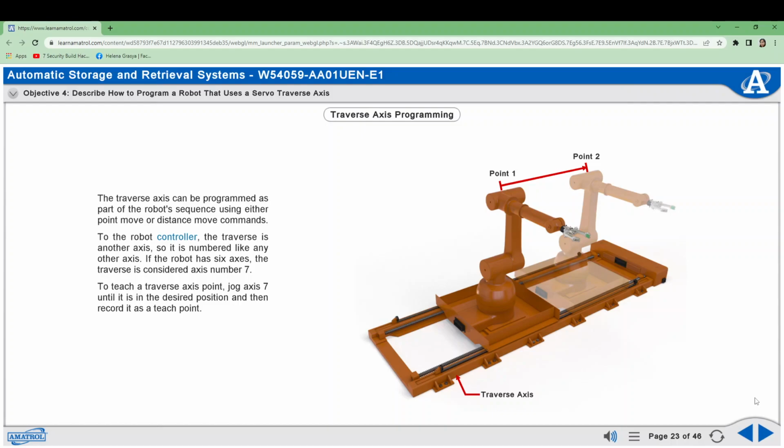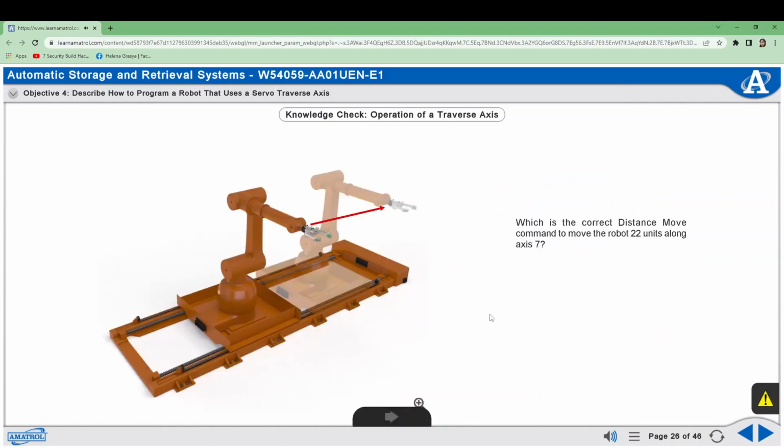Which servo traverse axis component provides a low-friction surface to support and accurately guide the robot as it moves along the traverse axis? Which is the correct distance move command to move the robot 22 units along axis 7?